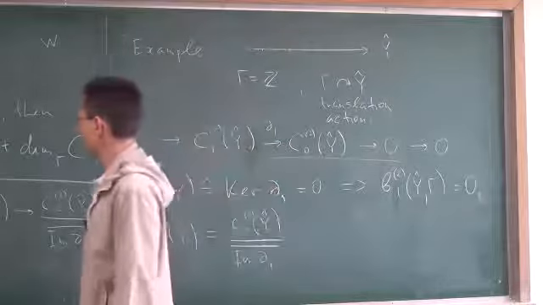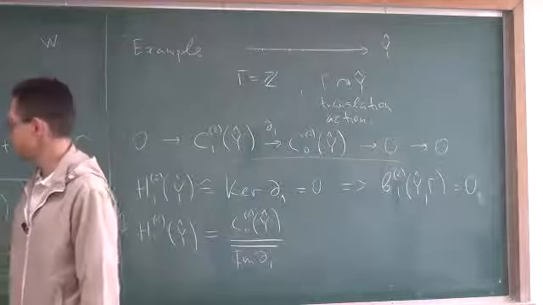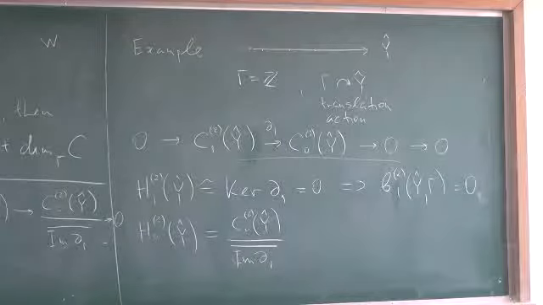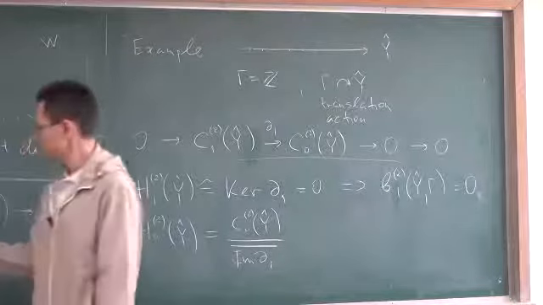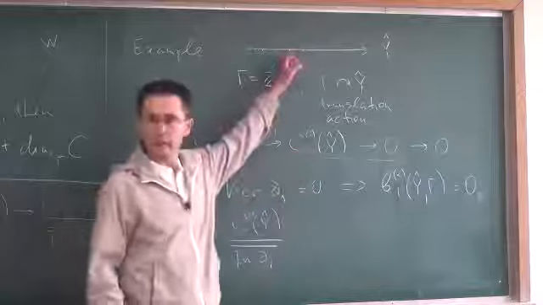And what's the dimension of this? The dimension over gamma of C1, 2, y hat. What's the explicit description of this space? It comes from this example here.